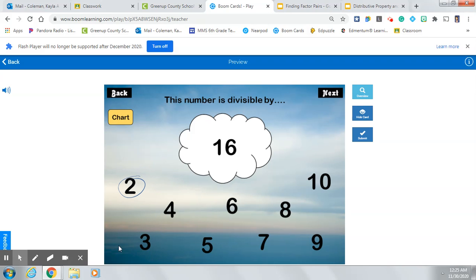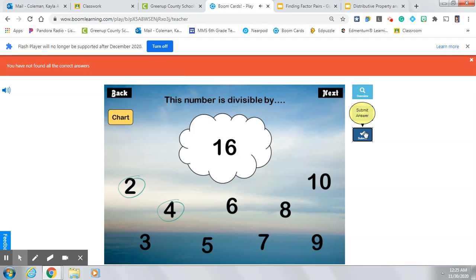Can I divide 16 by 3? 3 cannot go into 16 evenly. It would have a remainder left over. 4 can go into 16, 4 times 4. So I'm going to select 4. 5 cannot go into 16. 6 cannot go into 16. 7 cannot. 8 cannot. 9 cannot. And 10 cannot. So after I've circled the two numbers that can, I'm going to go ahead and submit.